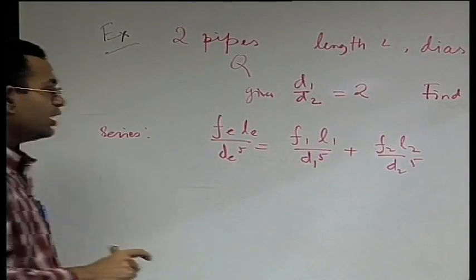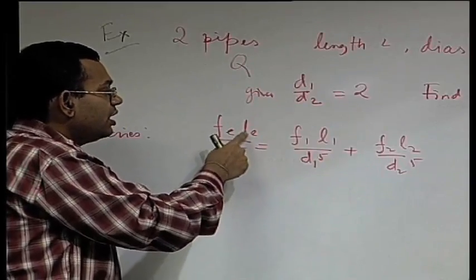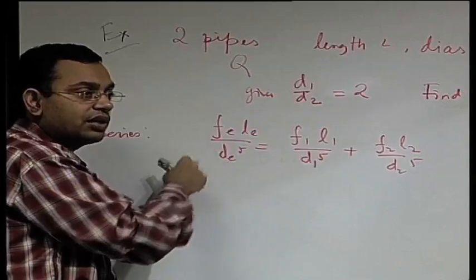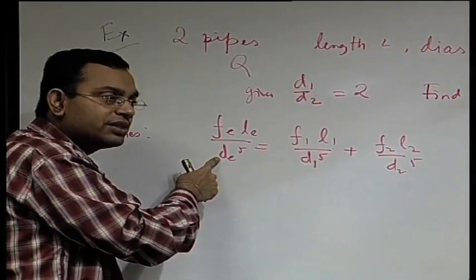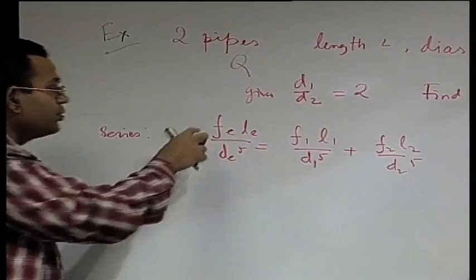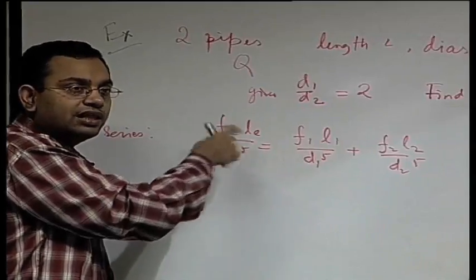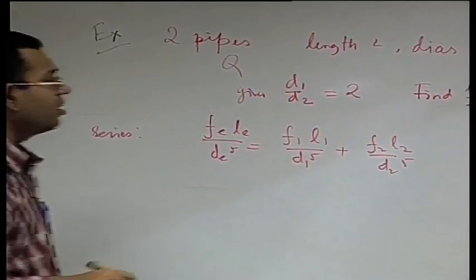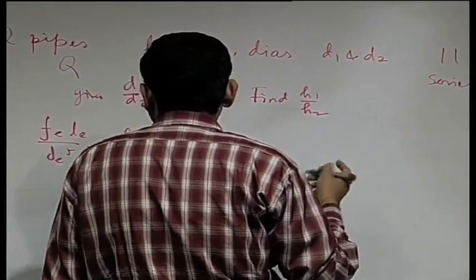That means you may choose your equivalent friction factor and equivalent length in such a way that you get some equivalent diameter, or you may choose equivalent friction factor and equivalent diameter to be something so as to get some equivalent length. So, you may take any 2 out of the 3 very freely, and the third one you get from this expression. Let us say that we assume that the two pipes are of the same length.